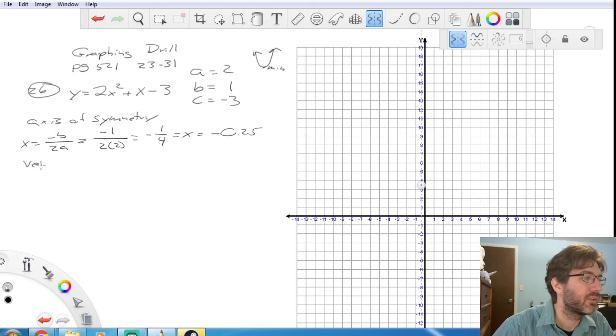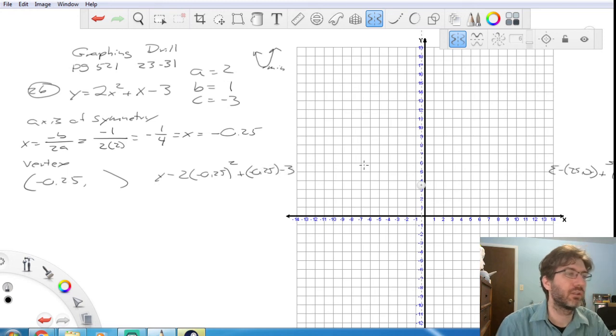So finding our vertex, that's our x value, negative 0.25. And when I plug that into my formula, what do I get? Well, y equals 2 times negative 0.25 to the second plus negative 0.25 times 1, which doesn't change anything, minus 3.